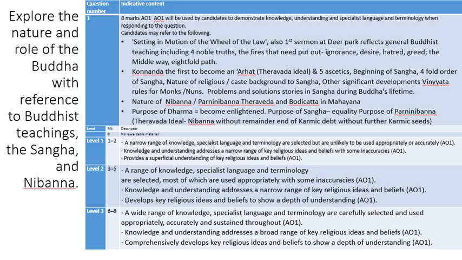monastic movement. And then we begin to look at the nature of the religious and caste background, perhaps of the people who joined the Sangha, the range of people who joined from across the castes, from both Brahmins and the Shramana movement.